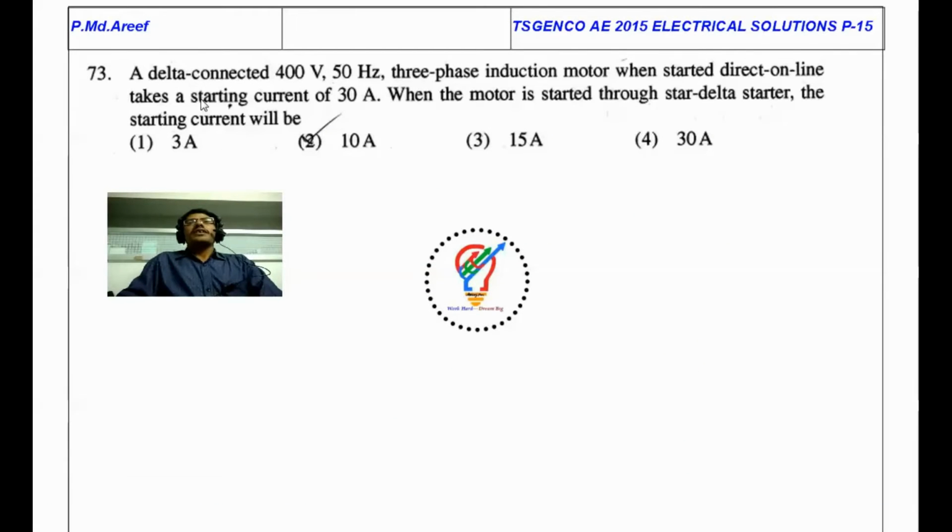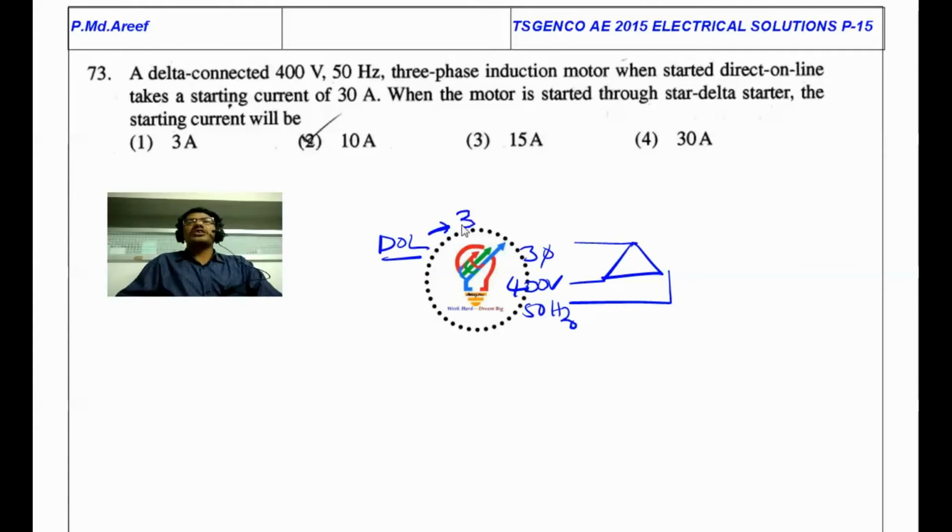And the next question: a delta connected 400 volts 50 Hz 3-phase induction motor, when started with a direct online starter, takes a current of 30 amperes. When the same motor is started with a star delta starter, the current will be?